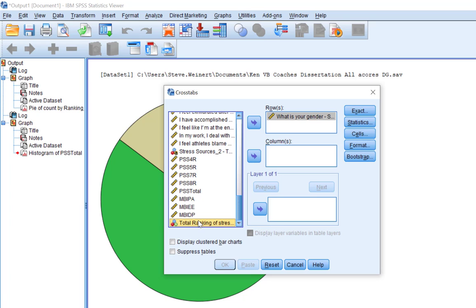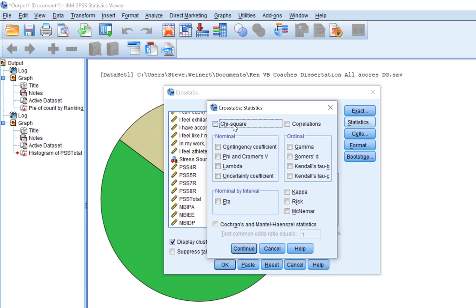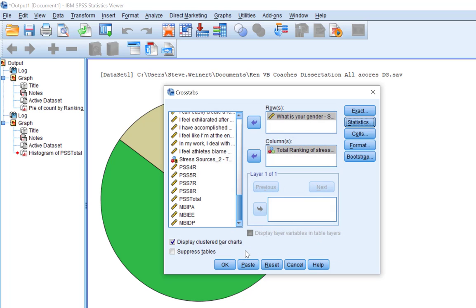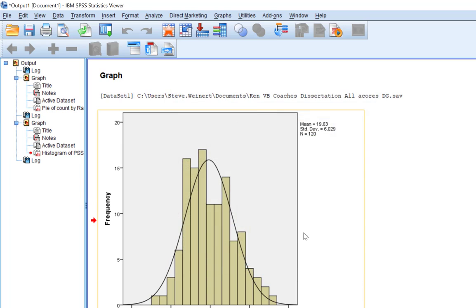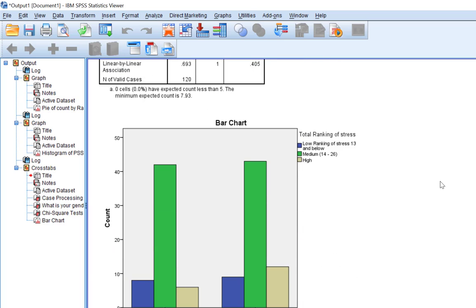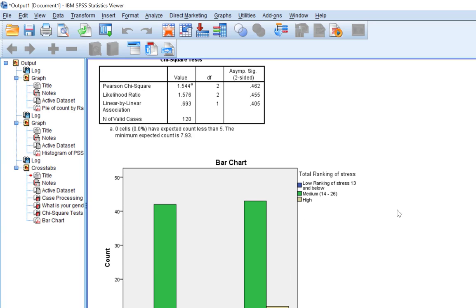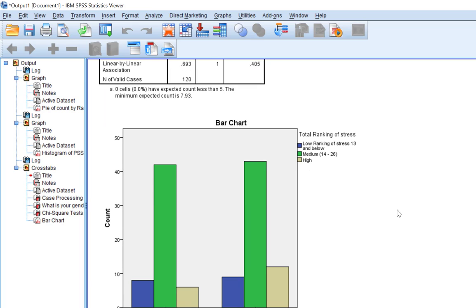Let's just see if there's a difference. Here's my prediction: the females are going to have higher stress. Nope, no differences. It's a little bit higher than that. So this is basically looking at males versus females versus ranking the stress.